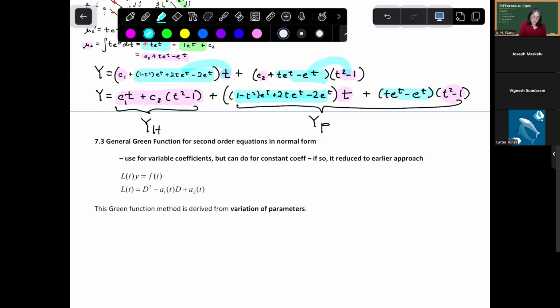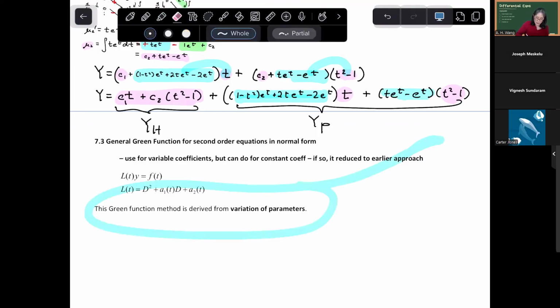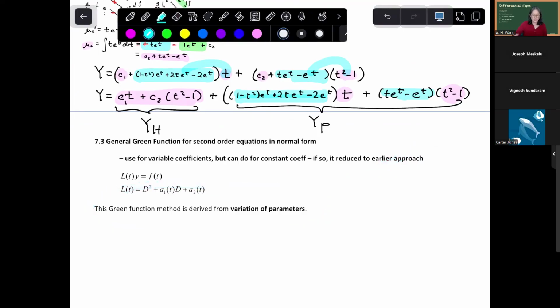I would say your best bet is to always do variation of parameters because you get a lot more partial credit. It's really easy to make a mistake with Green functions because there's so much careful notation. But if you are really good with it, I don't mind if you use the generalized Green function. This is derived from variation of parameters. It's basically writing down variation of parameters, but using a formula.